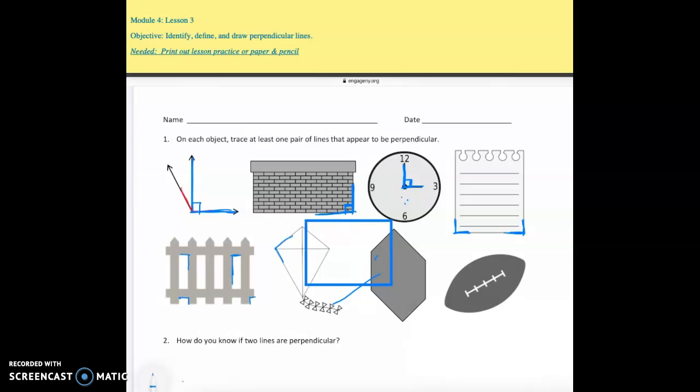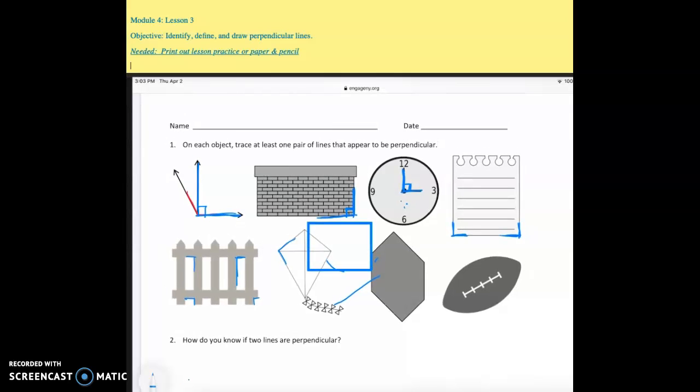Is it going to let me rotate it? I don't know if it's going to let me. All right, well, if it could, then I would be able to check if that is a right angle. Instead, I'm going to have to check using the corner of my paper, and it looks like it is not quite a right angle. So, no, that is not a right angle.